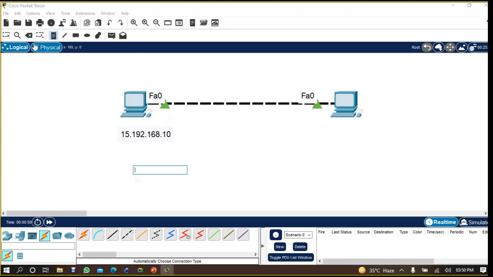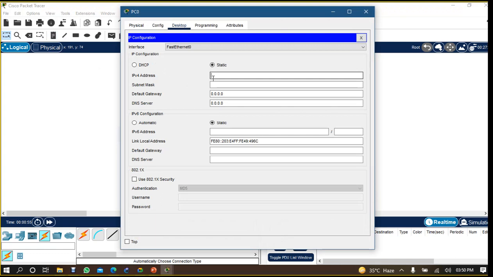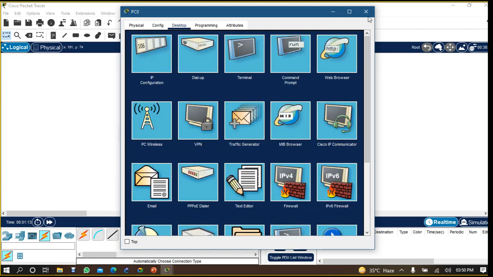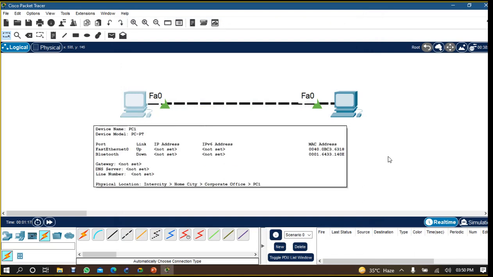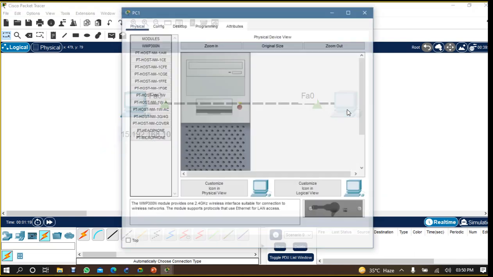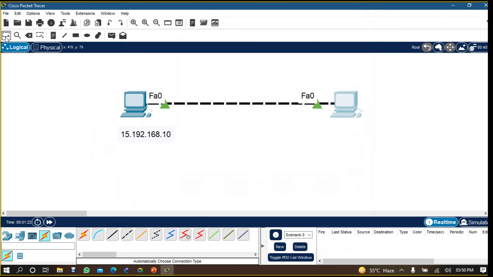If you want to assign this IP address to this system, I come to Desktop, IP Configuration, and enter 15.192.168.10. This IP belongs to class A. Now, if I want to assign the same IP address, which IP address can I assign?